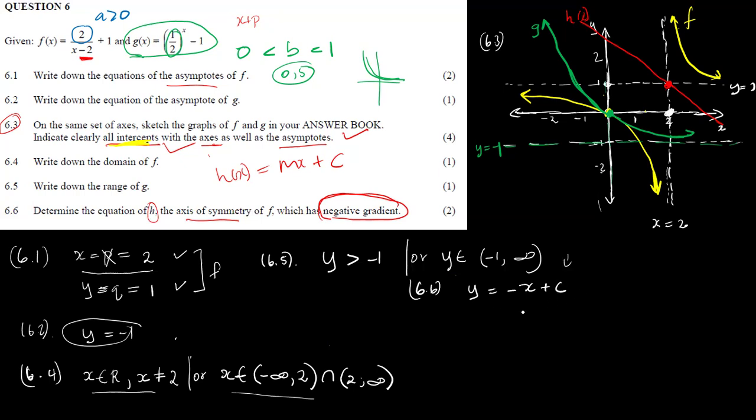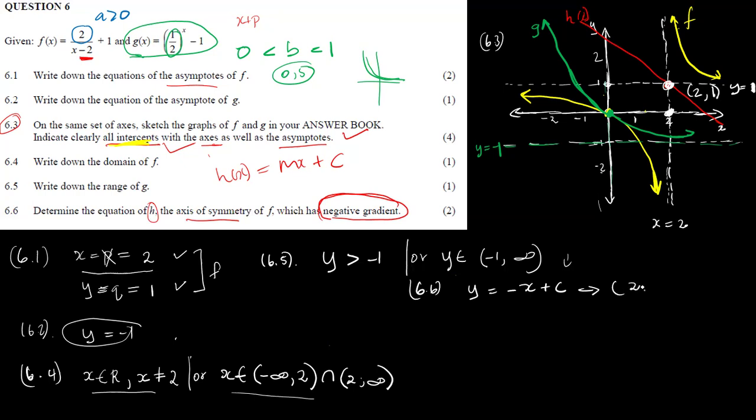Now we need a point through which this graph passes. We can see that this graph of h passes through this point of intersection here. What are the coordinates of this point? The x there is 2, and the y there is +1.